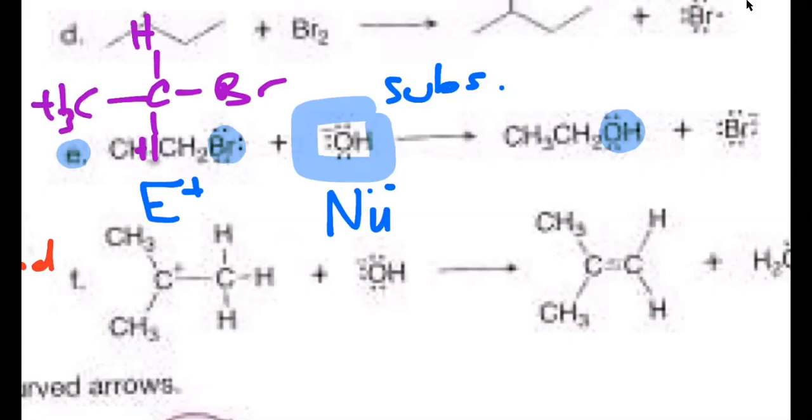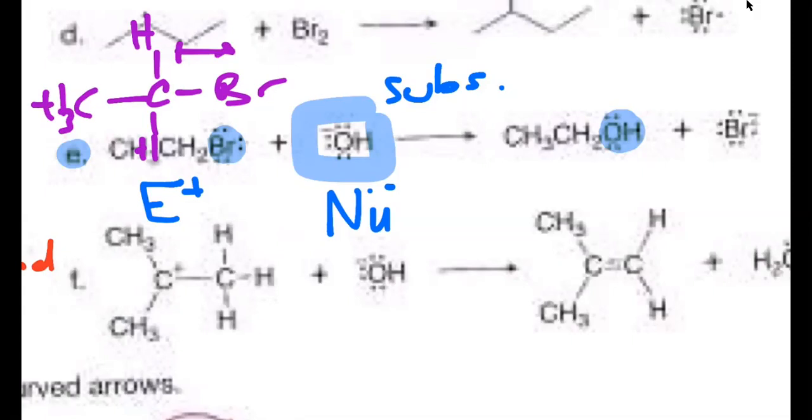So in this ethyl bromide, I'm going to see if I can fit this in here. You have CH2, and then CH3, right? So you know that there's a dipole here. That's how you know where the nucleophile is going to attack, because the nucleophile is electron rich or poor.